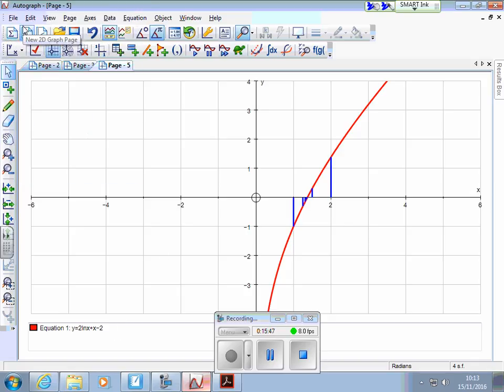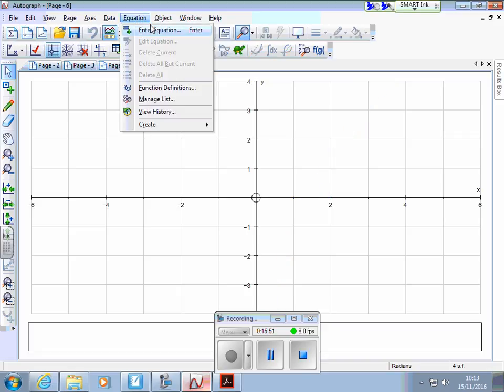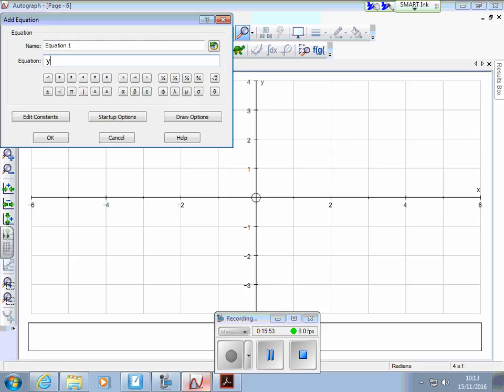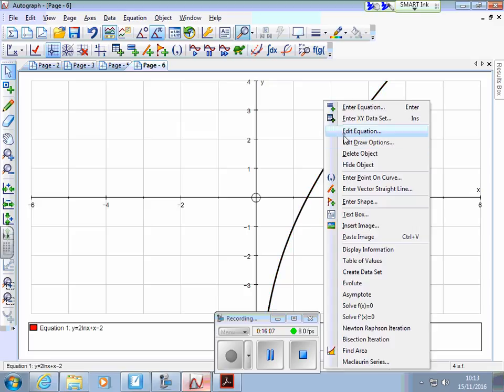And the same function, so y equals 2 ln x plus x minus 2, with Newton-Raphson's. I wonder what happens if we start with a guess much further away.